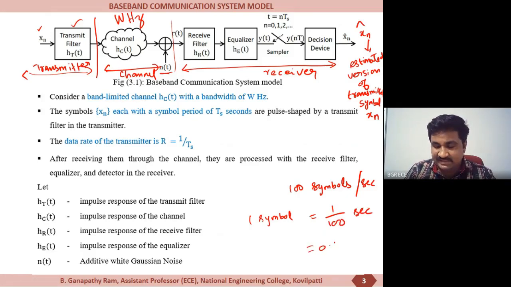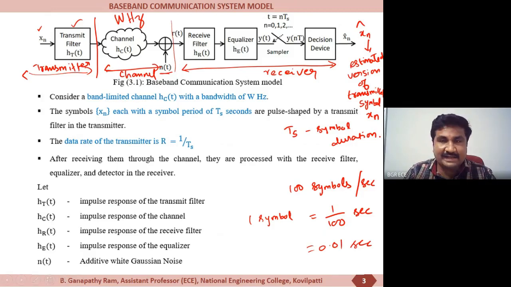That is 0.01 second. That means Ts is the symbol duration and R is the data rate of the transmitter, and we know that R is always equal to 1 divided by Ts.